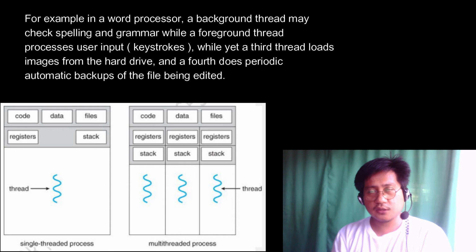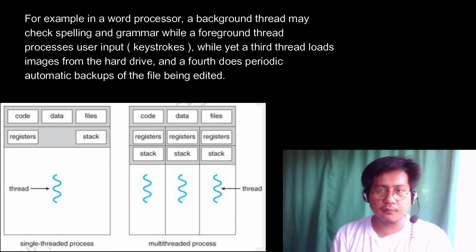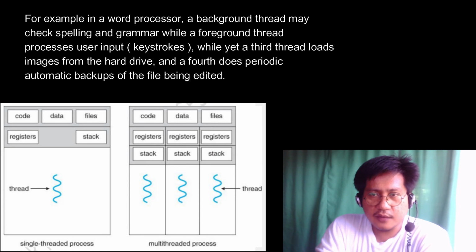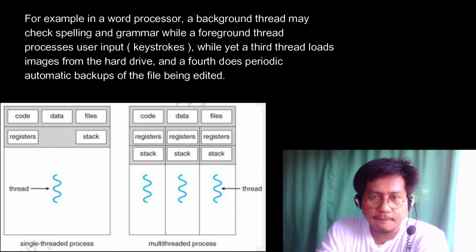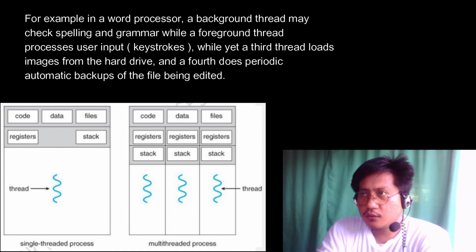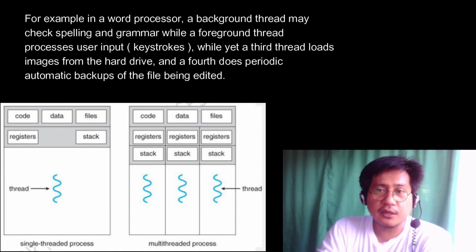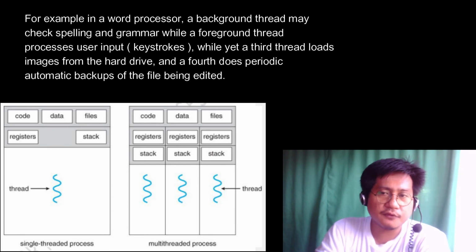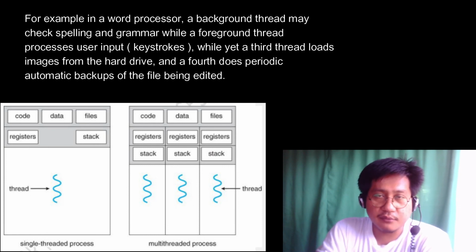Those are examples of multi-threading. It could have a third thread that loads the images from the hard drive, and a fourth thread that periodically saves a backup of the file that is being edited.